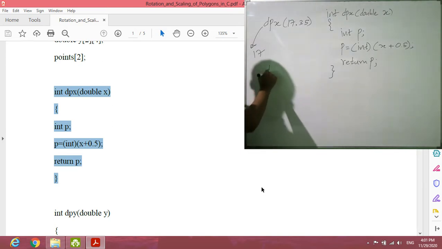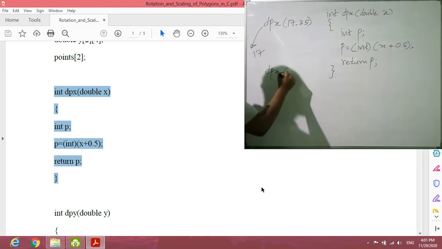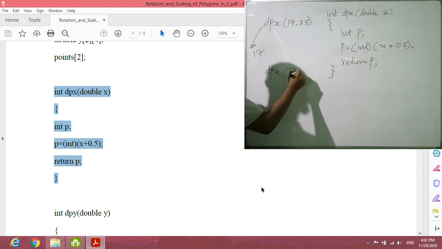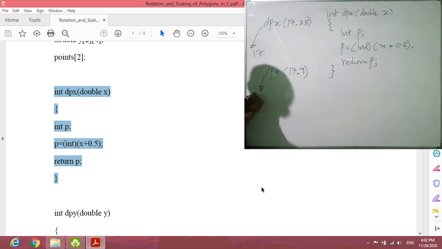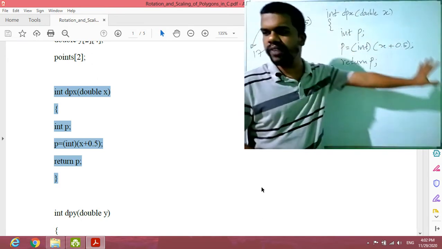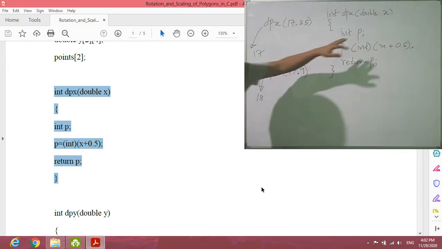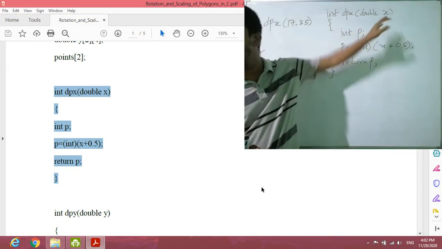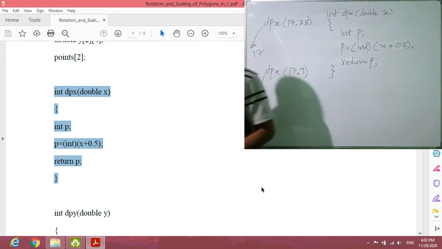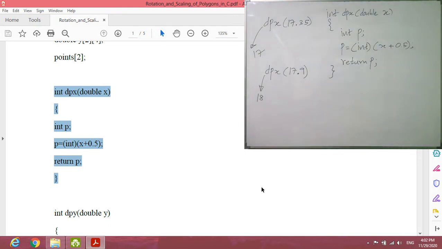If you put this, it will return 18. That means the purpose of this function is to return the nearest integer. We pass a fractional number here, and this function will return the nearest integer to it.